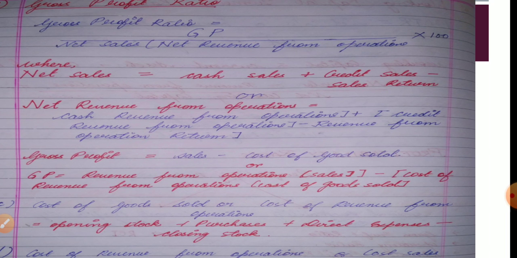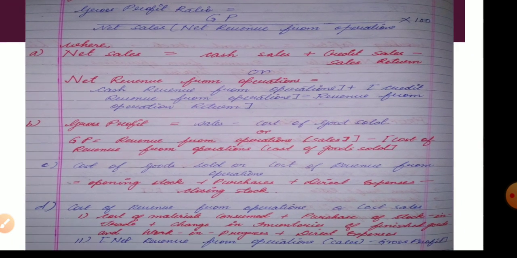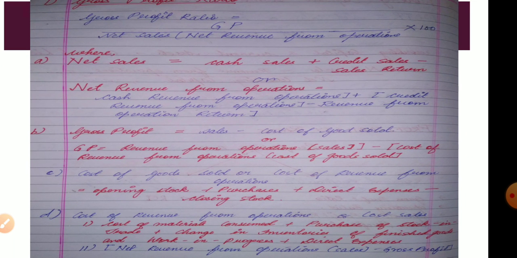The cost of goods sold or the cost of revenue from operation is calculated from opening stock plus purchase plus direct expenses less closing stock. Okay, the cost of revenue from operation or cost of sales is calculated on these formulas.